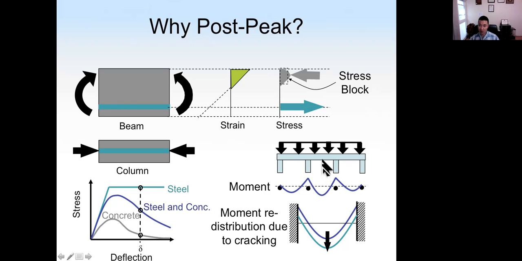For a certain part, the concrete may crack, but the moment will redistribute because of the cracking. The reinforced concrete slab will still be able to resist the load. That is why the post-peak behavior is very important. After the peak load, after a certain part of the concrete cracks, the whole reinforced concrete system can still resist load.